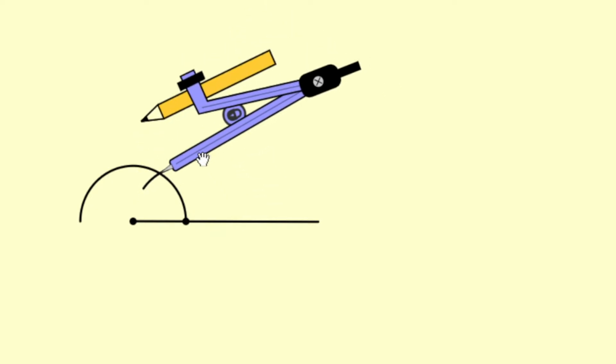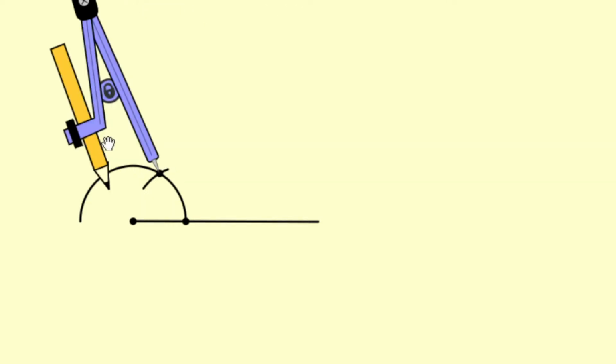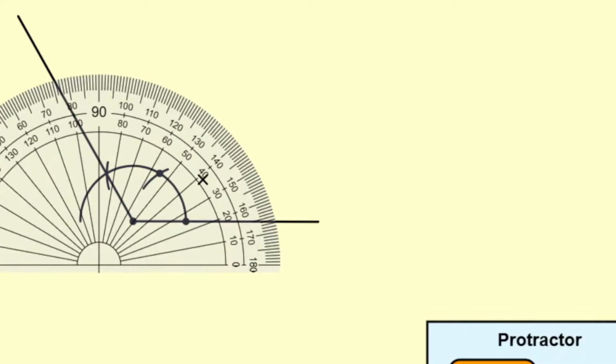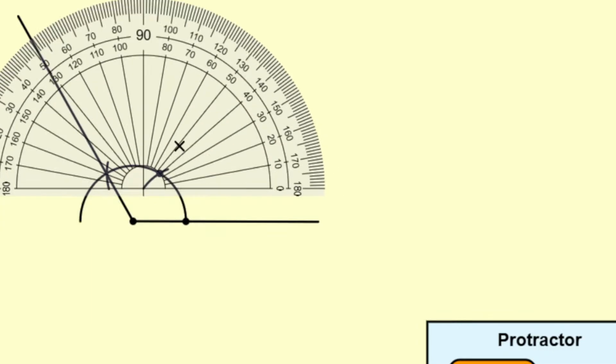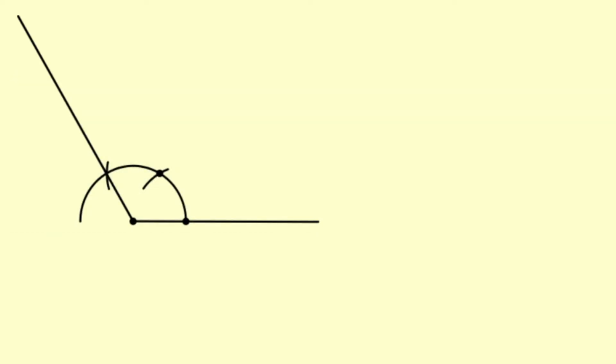Now from this arc, again the same radius. From point A, we draw one line passing through this arc. This is an angle of 120 degree. We can check also. You can see it's exactly 120 degree. I have checked.